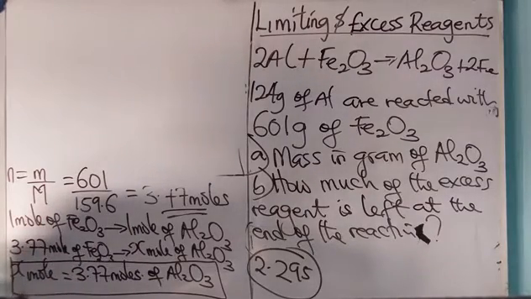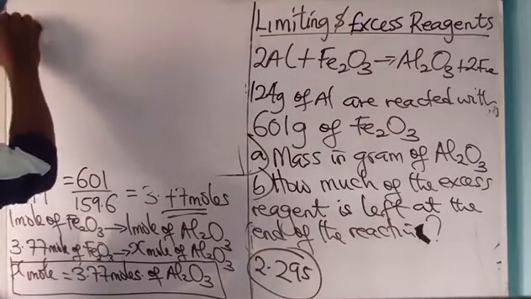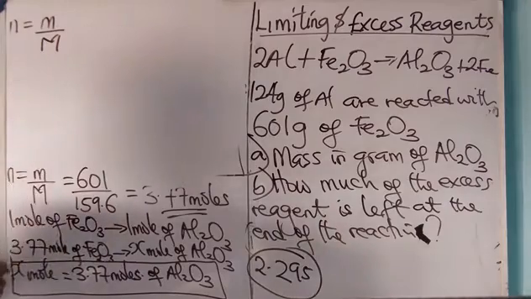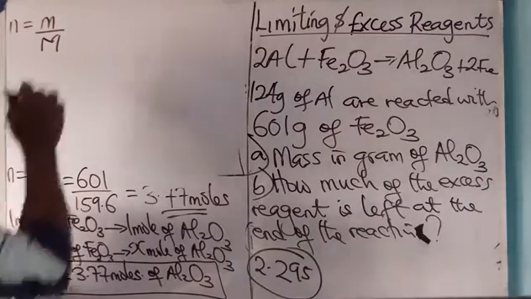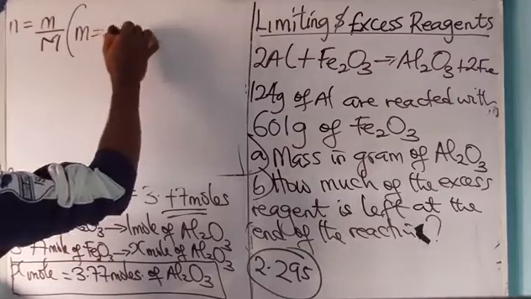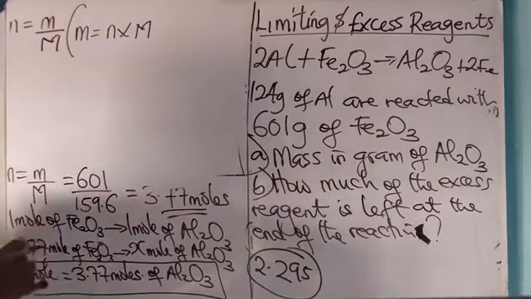In looking for the mass of aluminium, of course, you know that number of moles equals mass over molar mass. If we make mass the subject of the formula, we'll have that M equals number of moles times molar mass. Is that not correct?